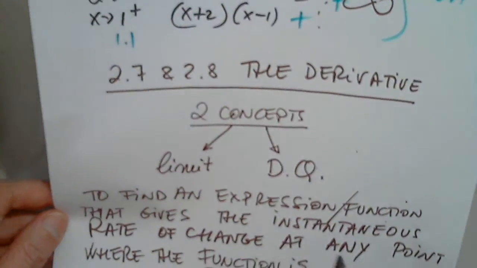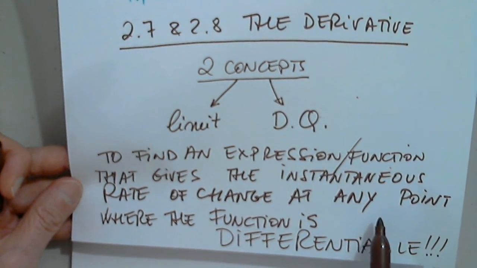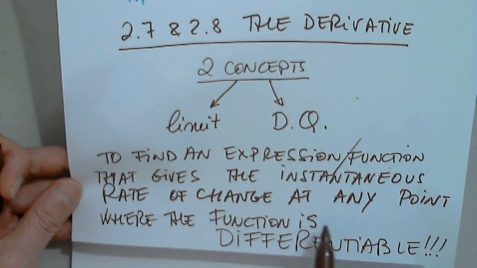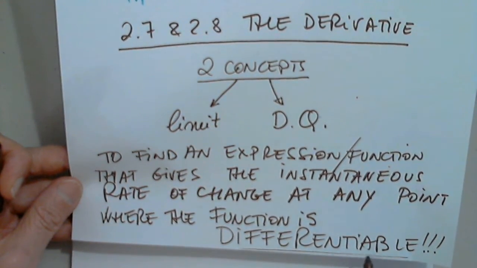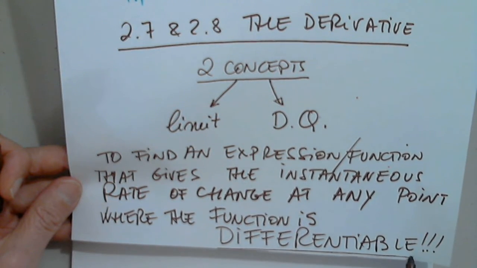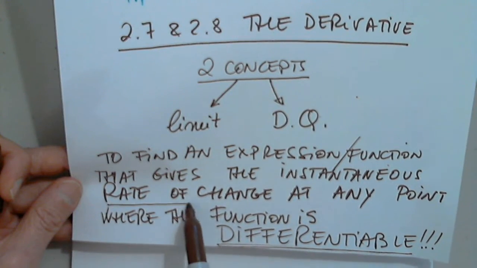It gives the instantaneous rate of change for any function. It doesn't have to be a distance function. Any function, I can determine the instantaneous rate of change. And now again, let's come back to this, where the function is differentiable, or in other words, where it has a rate of change. Okay.